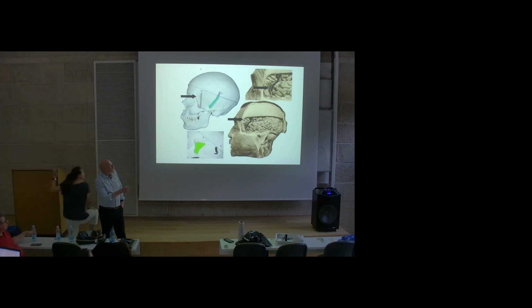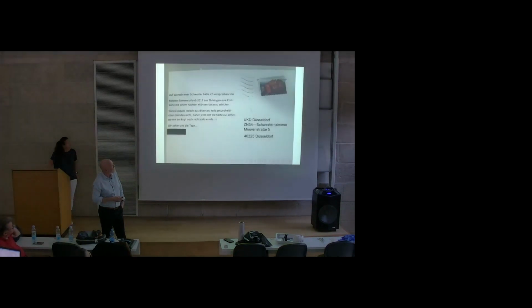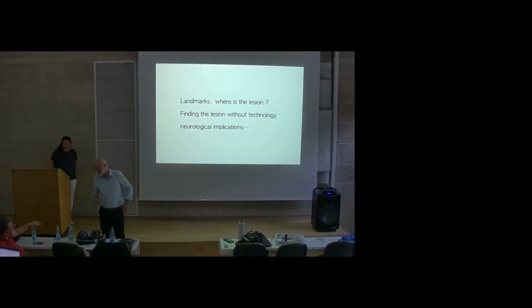The clinoid process shows how it divides the frontal lobe and the temporal lobe, and here is the Sylvian fissure. Okay, now applying this to the case that I just demonstrated.